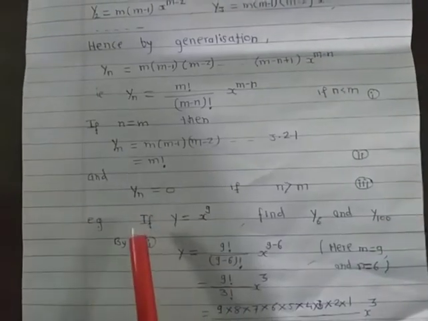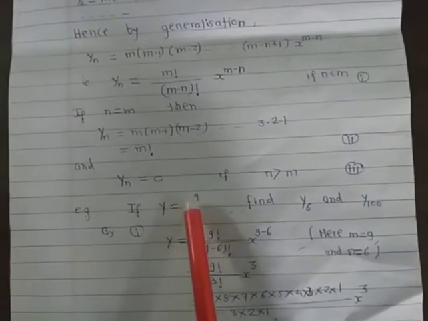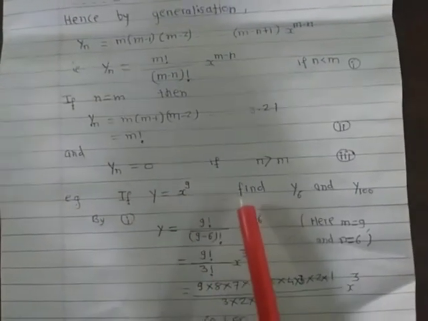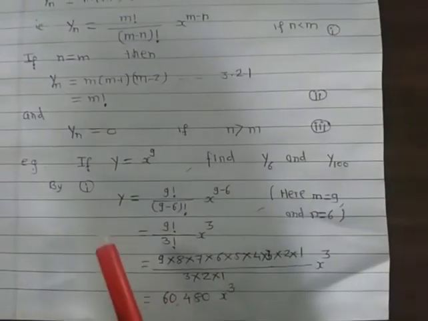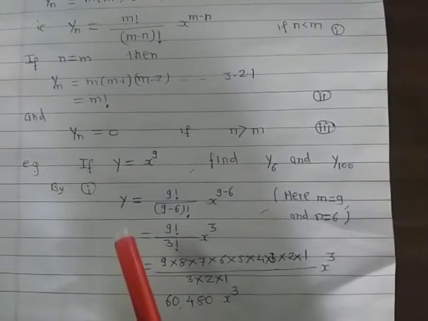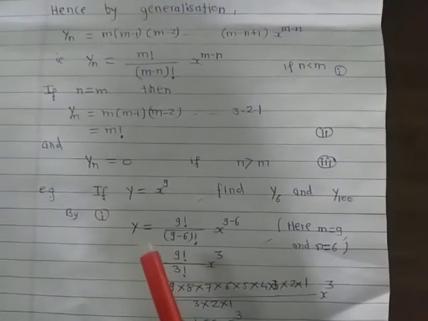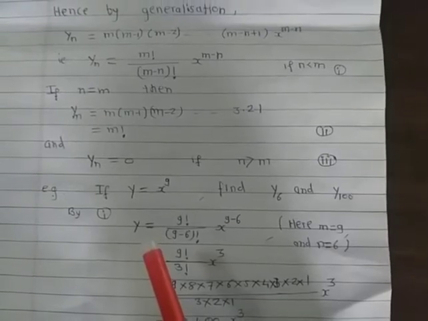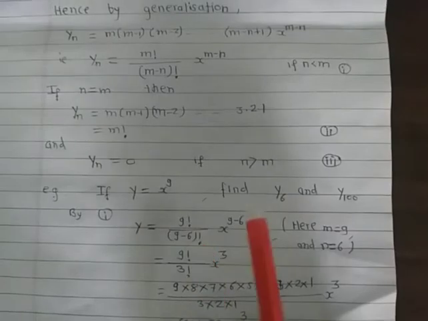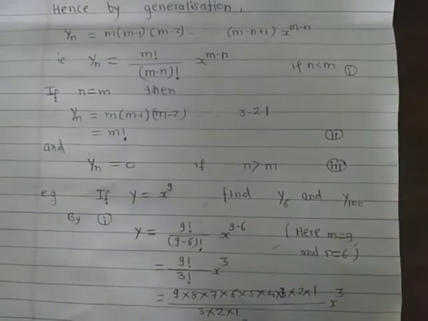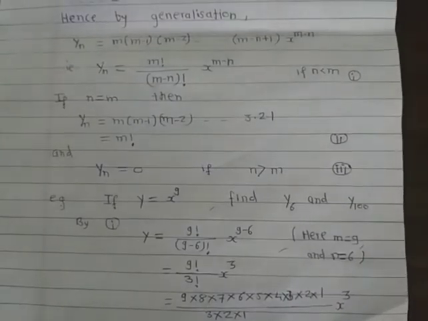Now consider the example. If y equal to x raised to 9, then find y6 and y100. Using above result, we have to find y6.